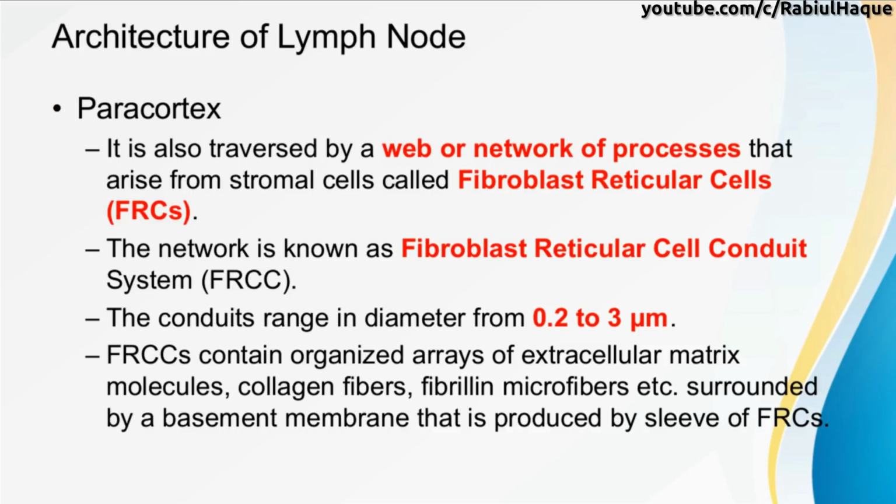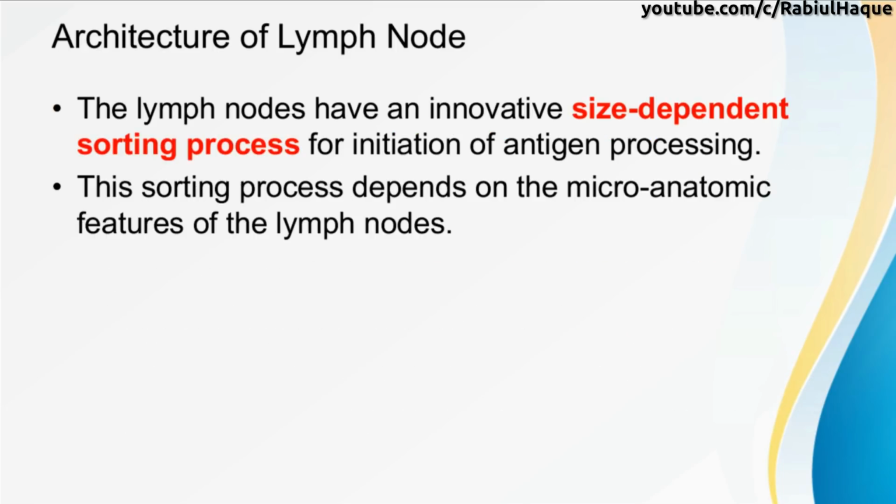Now, you may be asking me, Dr. Rabiul, what is the role of such a fibroblast reticular cell conduit system inside our lymph nodes? Why do we need them? That's a very good question, and in order to understand the role of such a conduit system, we have to know about a fascinating process that is happening inside our lymph nodes.